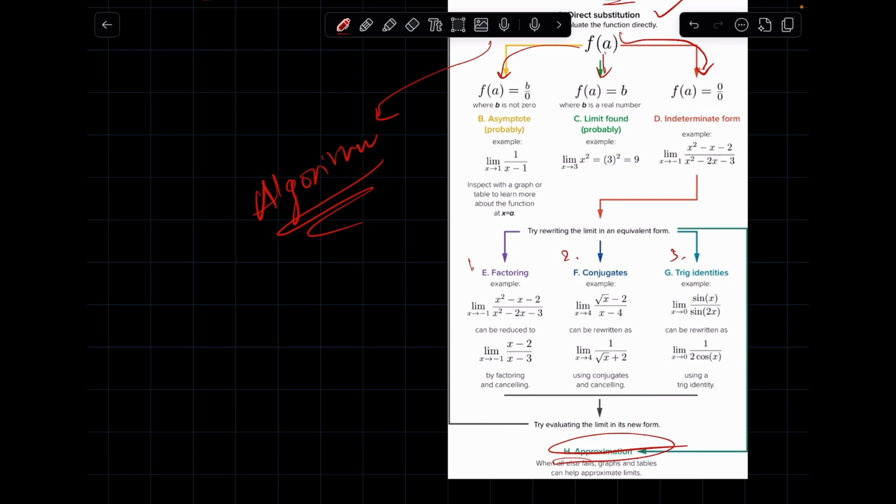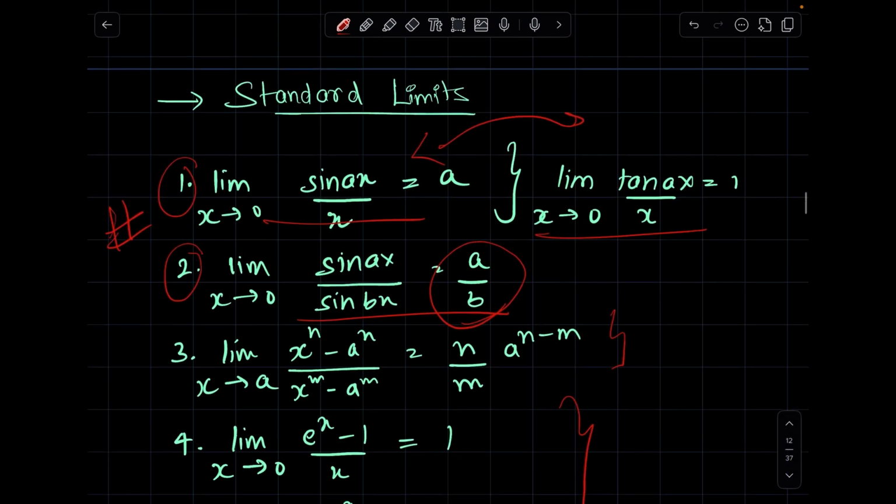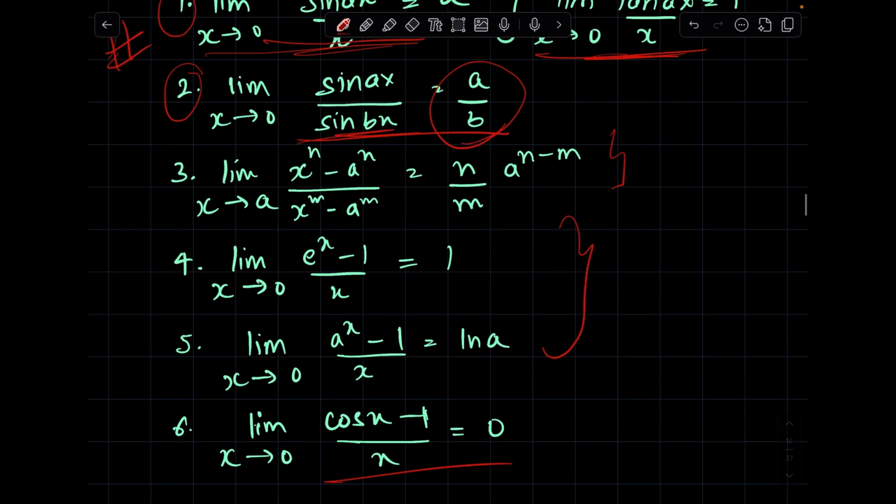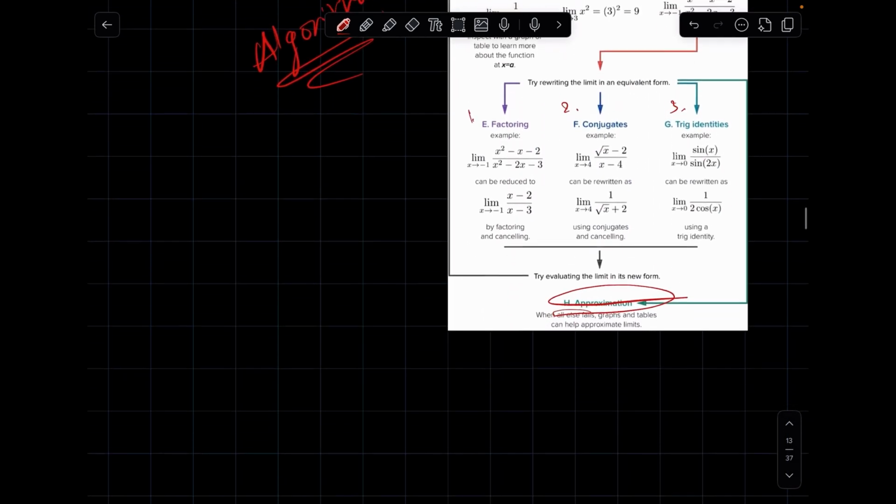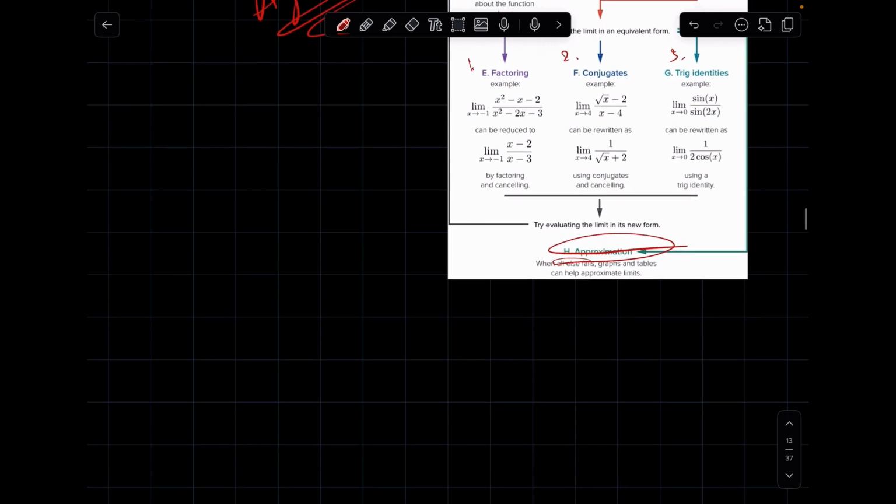Factoring, in which you can factor the quadratic expression or whatever expression you're given, cancel out the term that is giving you the indeterminate form and get your answer. Conjugates, we are going to do some questions on conjugates, and the other is using trig identities. That's why these are so important, because this is like an entire one third of all indeterminate form questions for standard limits on the AP Calc.